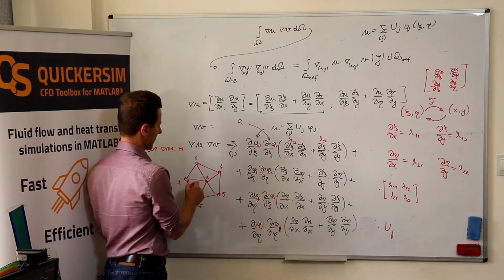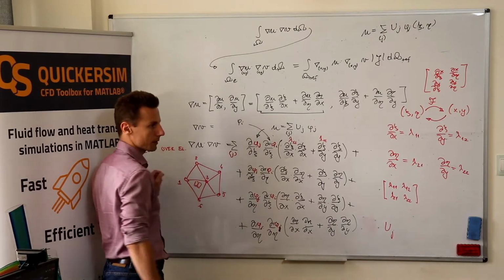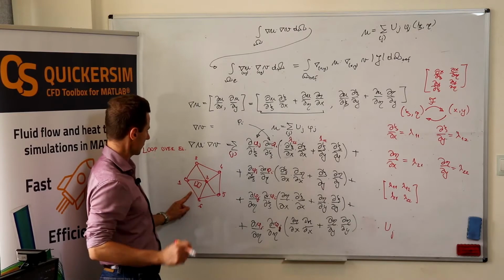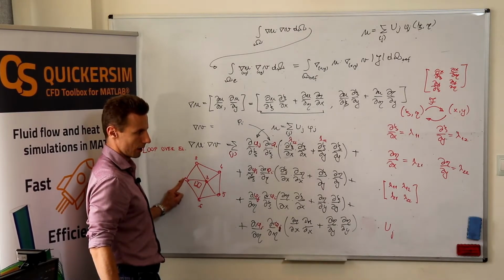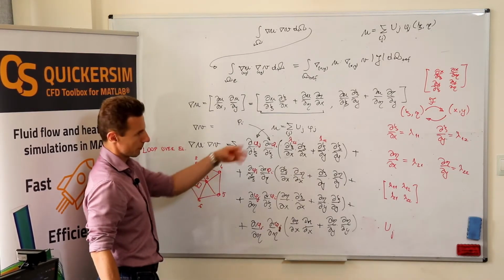Once you've picked some element, let it be this one, let's say it's the first element of the mesh. What you need to do is, you know its local nodes, so you know the shape functions.